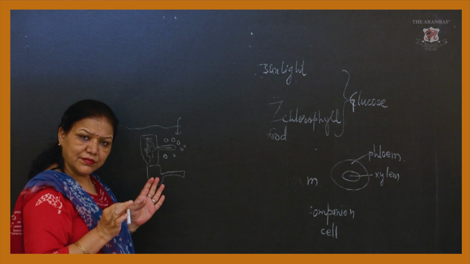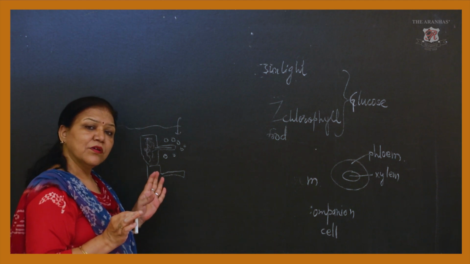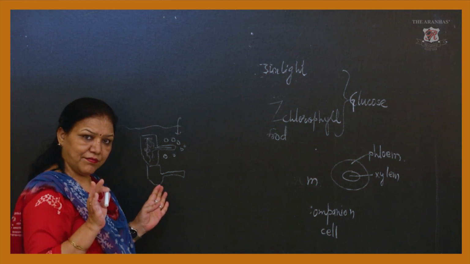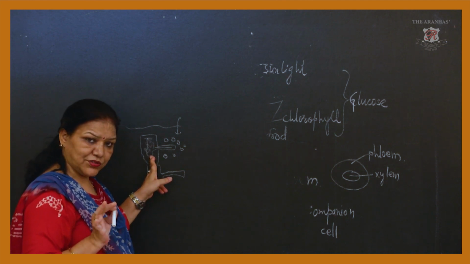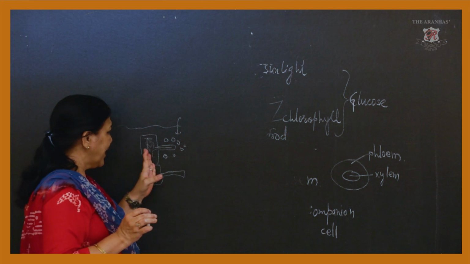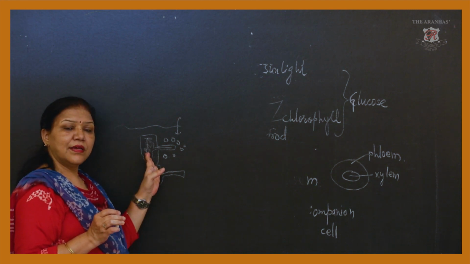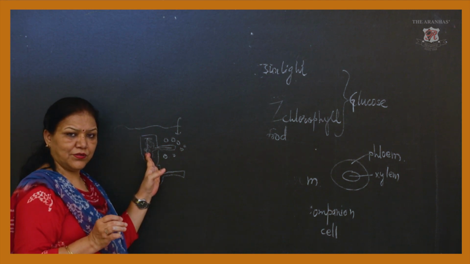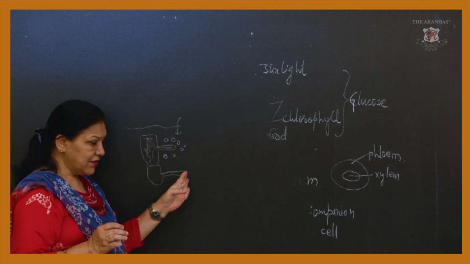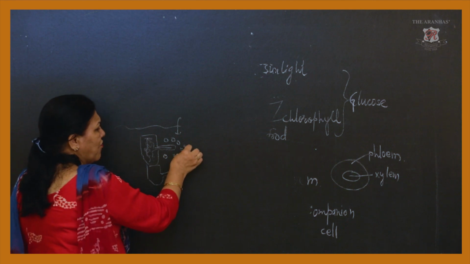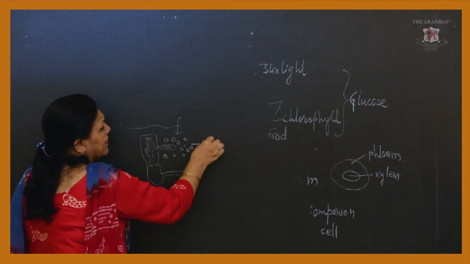I am not using the word water inside the cell. Mark this: it is filled with some fluid-like structure. This fluid-like structure has fewer molecules, but outside, when we water the plant, the number of water molecules is more.